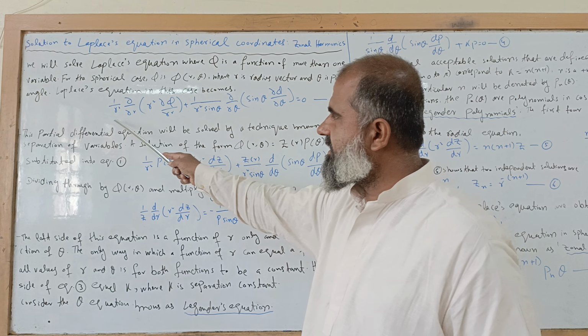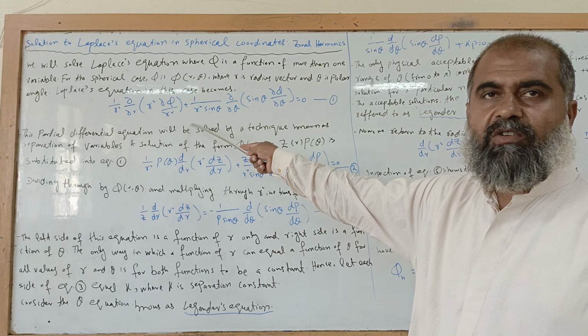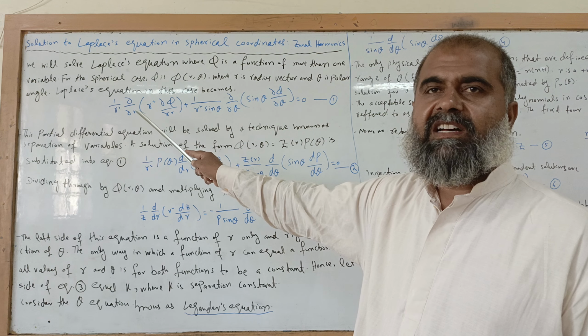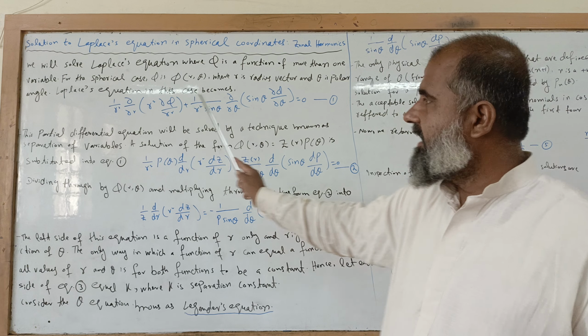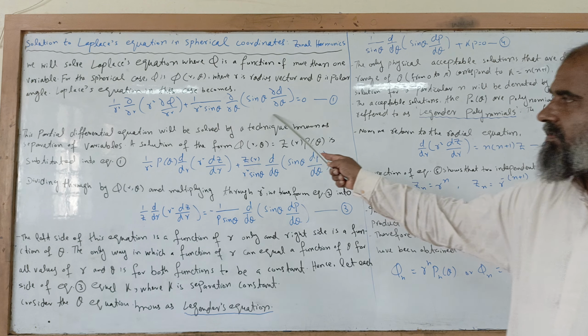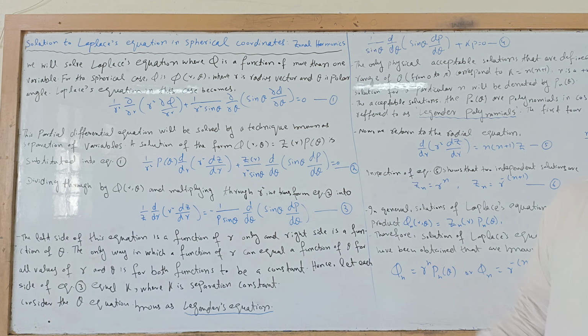This is the first part of the equation consisting of the first coordinate r, and this is the second part consisting of the second coordinate theta.